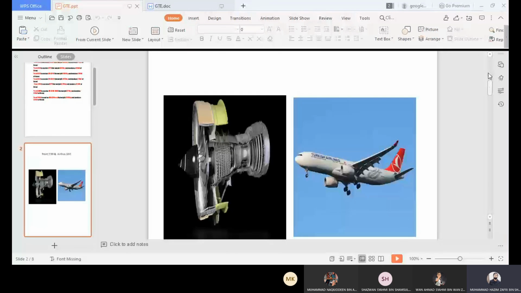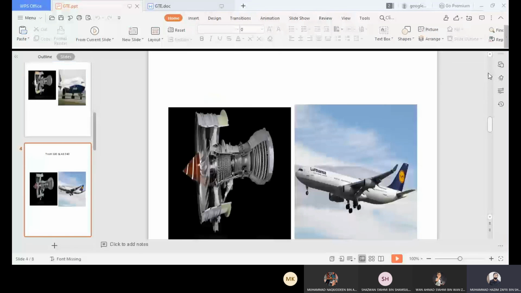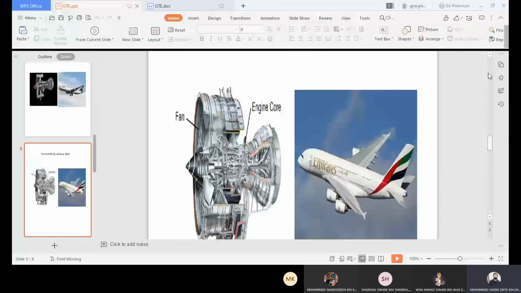This is an example of the Trent 700 and Airbus 330. This is the Trent 800 and Boeing 777. This is the example for the Trent 500 engine and Airbus 340. This is the Trent 900 engine and Airbus 380.